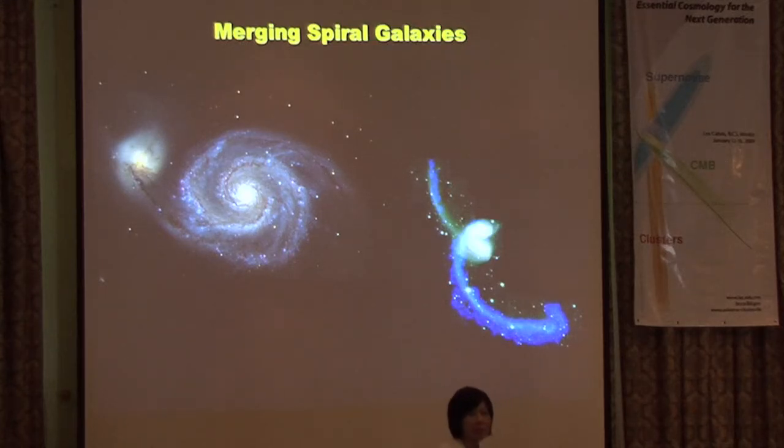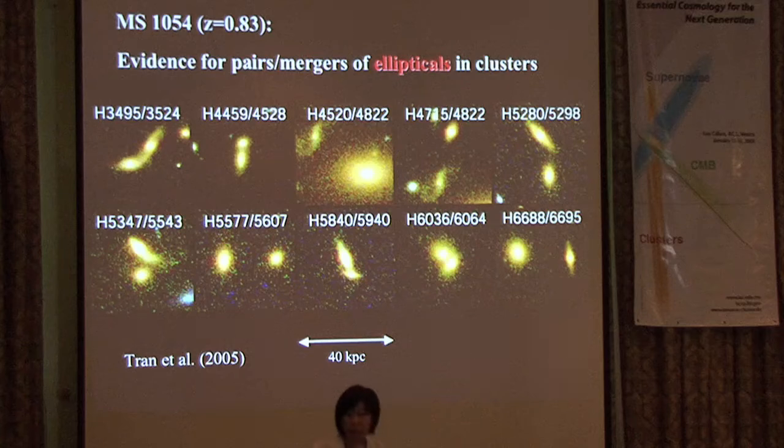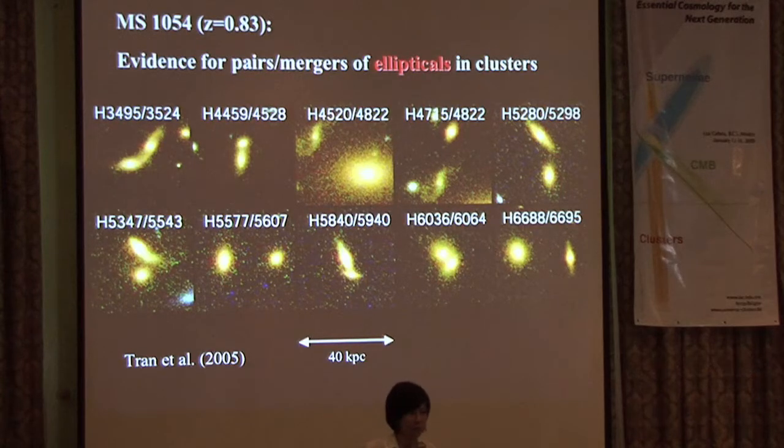A second example of mergers in observations, I will also point out that not only do spiral galaxies merge, there seems to be evidence that elliptical galaxies also merge. In some ways, we probably need them to merge in order to form these most massive ellipticals that we see typically residing at the center of clusters of galaxies, these so-called BCG, brightest cluster galaxies.